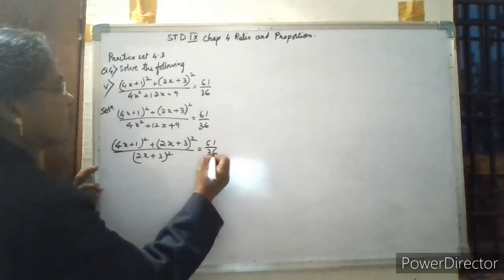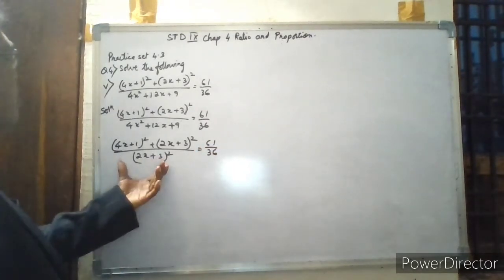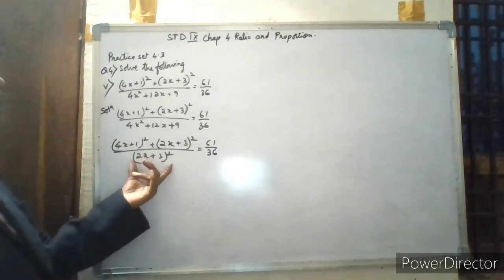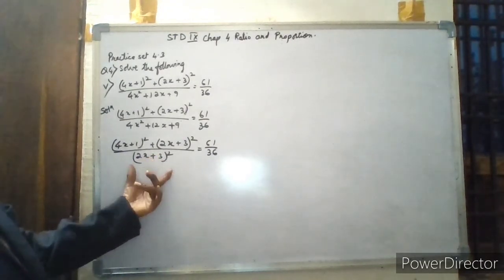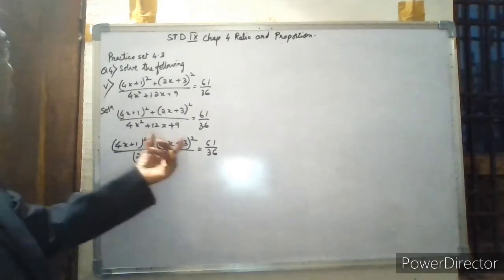Now we can see that in the denominator only one bracket is there, which is the same bracket here. So both are the same.